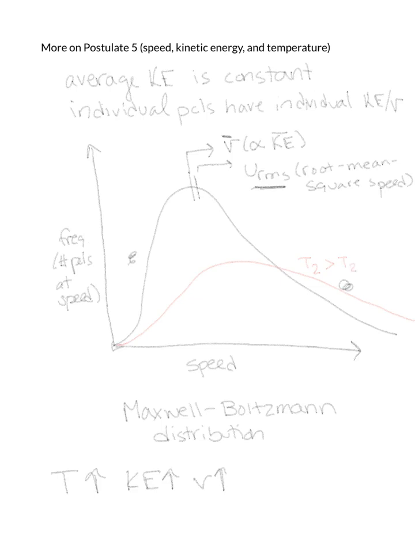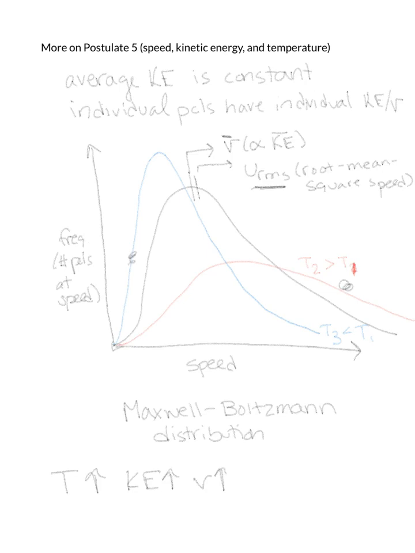On the other hand, if I turn the temperature down and my kinetic energy goes down and my speed goes down, my distribution gets higher, and it's still asymmetrical, right? This is a T3 being less than T1, and I apologize, this should be a T1 over here on this curve. So there's this distribution of speeds that's important.